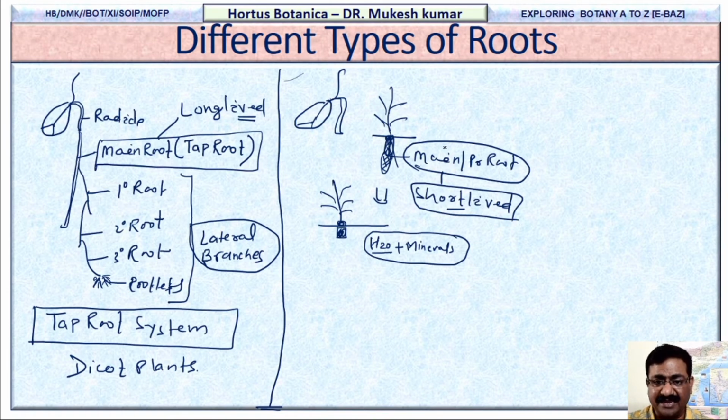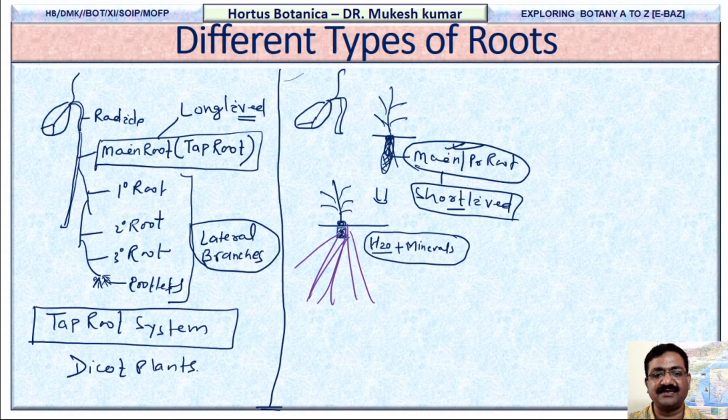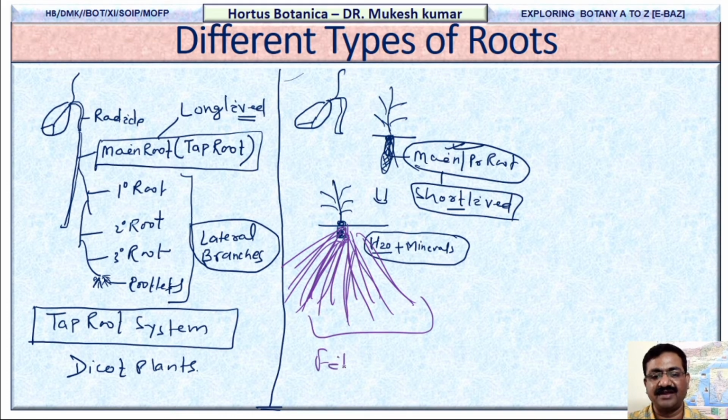This main root will be replaced by a number of fibrous root-like structures, and this replacing structure is called fibrous root, and their branches will form the fibrous root system.